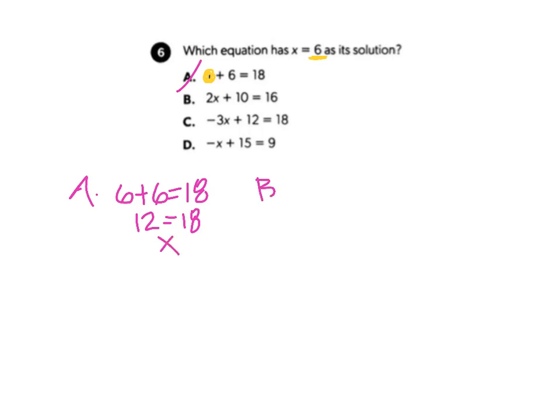Answer choice B says 2x plus 10 is 16. So right here is where the x is, and that's going to be multiply. If I test that one out, 2 times 6 plus 10 more, is that going to equal 16? 2 times 6 is 12, plus 10 more, supposed to be 16.